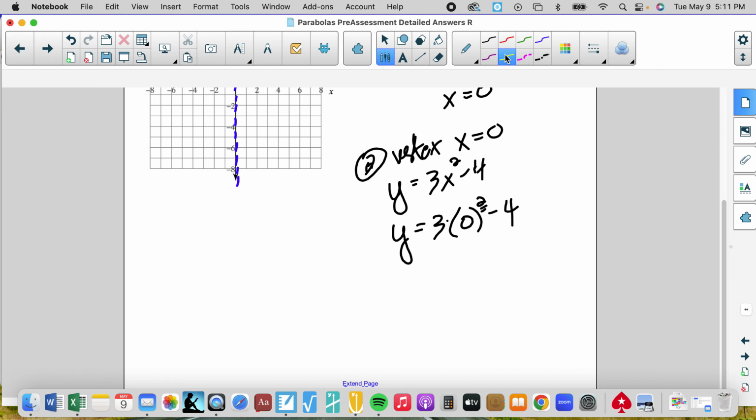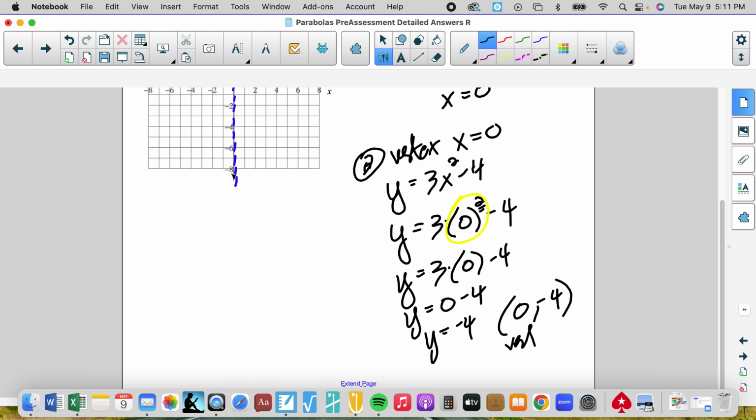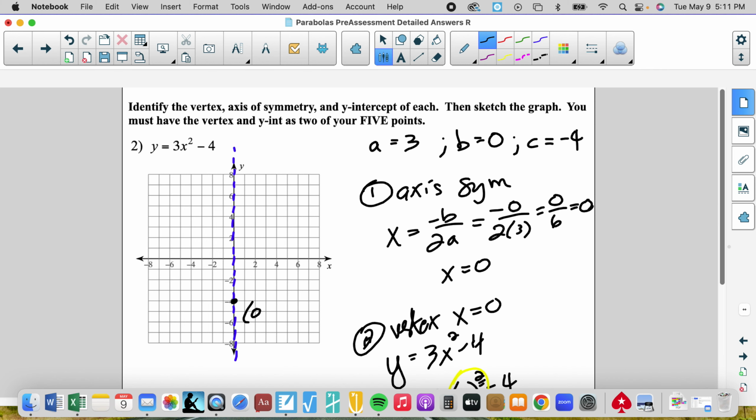We're always going to do the exponent first. 0 squared is 0. Now we're going to do the multiplication. 3 times 0 is 0, minus 4 is -4. So my vertex is going to be 0, -4. That takes me here. Let's put the location. Good.